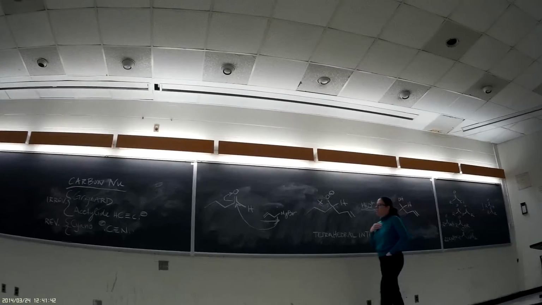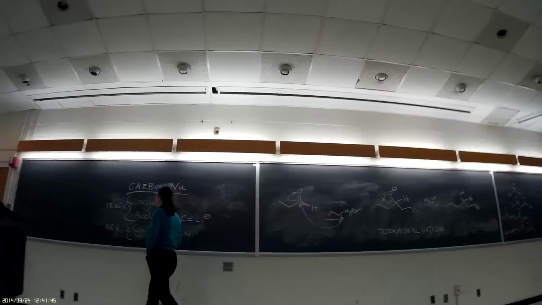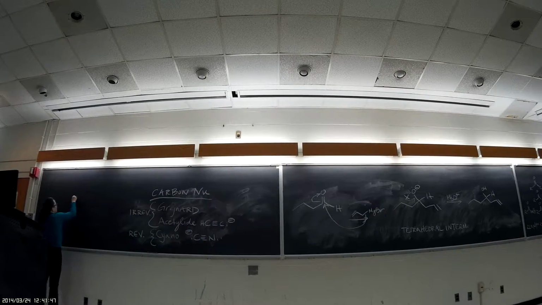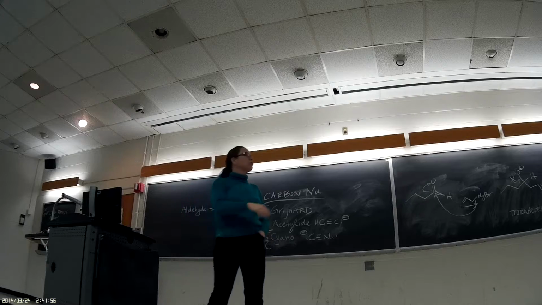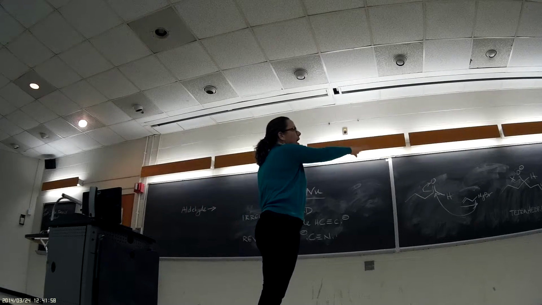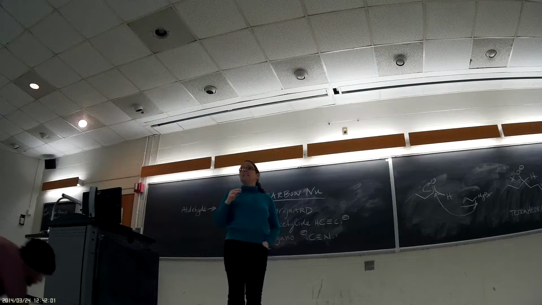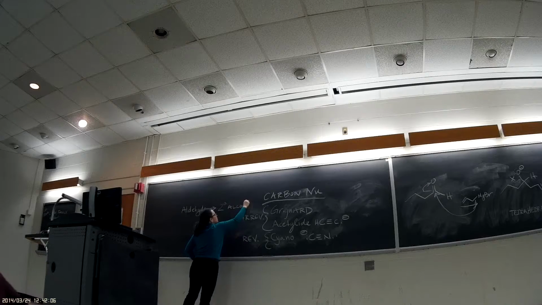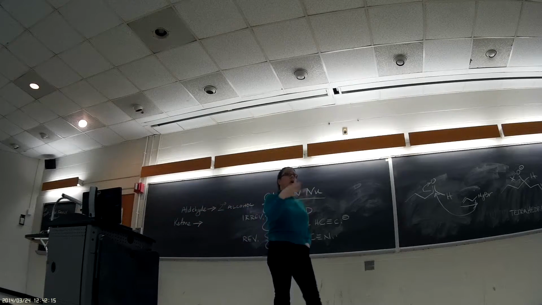So, just as a summary, so I do try and summarize these things, if you start with an aldehyde and you add a carbon nucleophile, which is what we're talking about today, the addition of carbon nucleophiles, you can see an aldehyde reacting with a carbon nucleophile gives me a secondary alcohol. A secondary alcohol. If I started with a ketone and I react this with a carbon nucleophile, the result is going to be a tertiary alcohol. A tertiary alcohol.